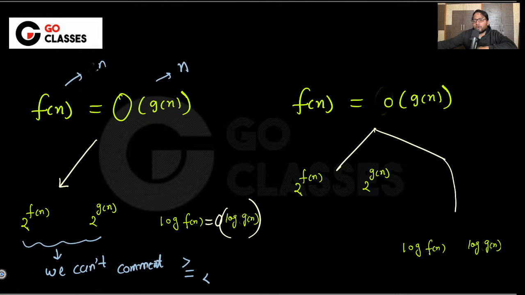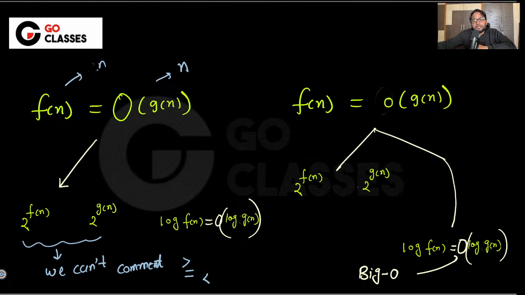For the log, what will you say? If this is strictly lesser, then it can't reverse the role. So maybe it is lesser or maybe equal. So this is big O, right? Okay, great. So this is big O.